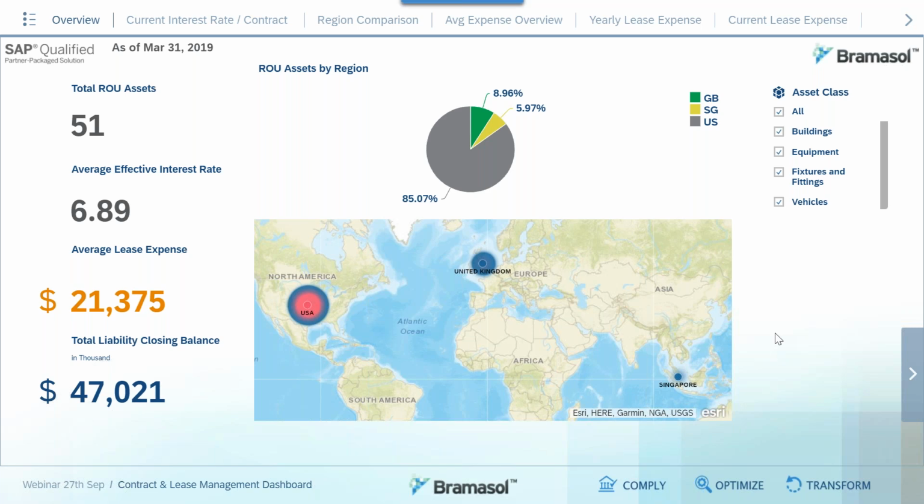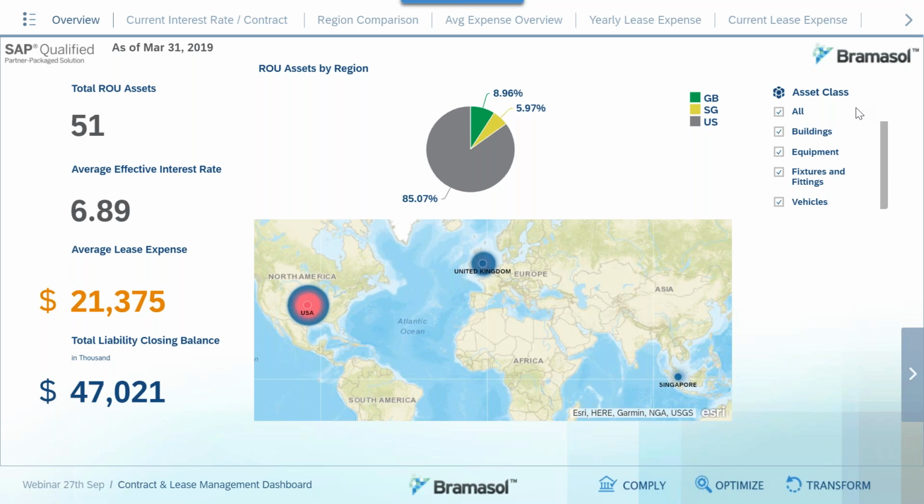Great, thank you, Julio. Just to go back, if you remember when I ran the report, I just did it for a range of contracts. Here we're pulling additional contracts into the dashboard, so the numbers are going to look a little bit different. What you're looking at is our total right of use assets. This is a global view. We have the US, the UK, and Singapore.